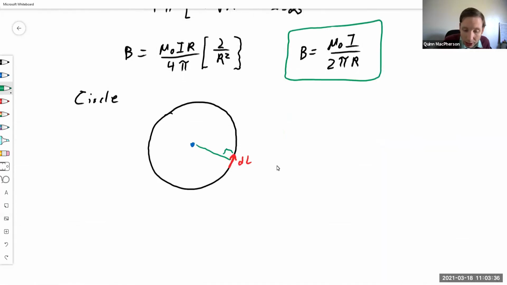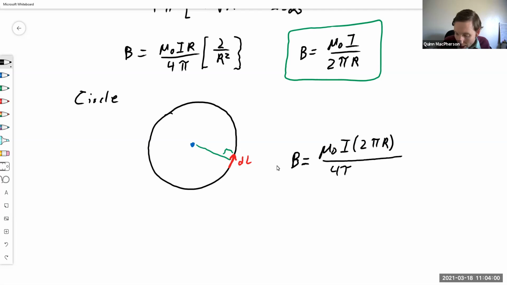So we can write the magnetic field of the circle as mu naught I times the length. The length around is 2 pi R, that's the total length of the circle, over 4 pi.